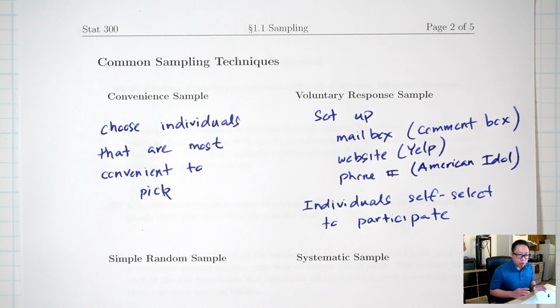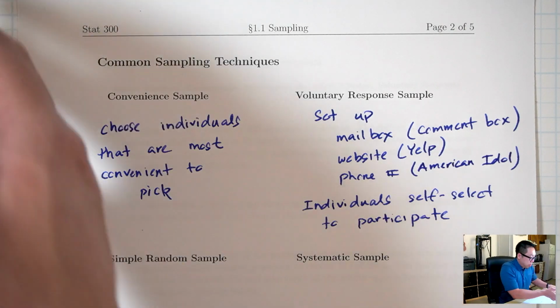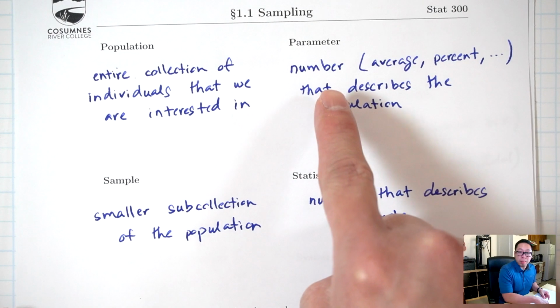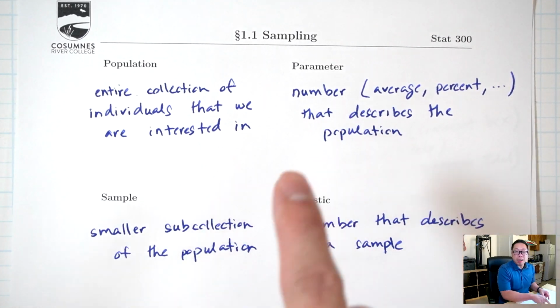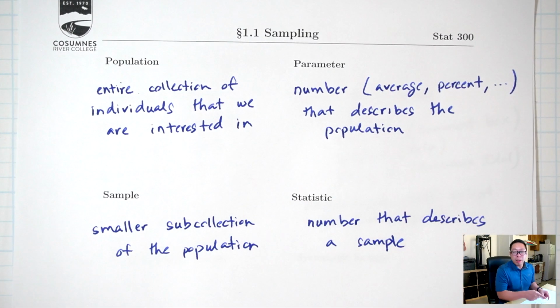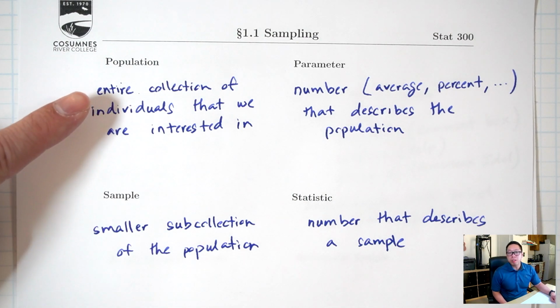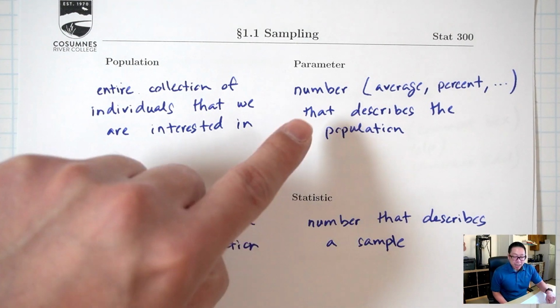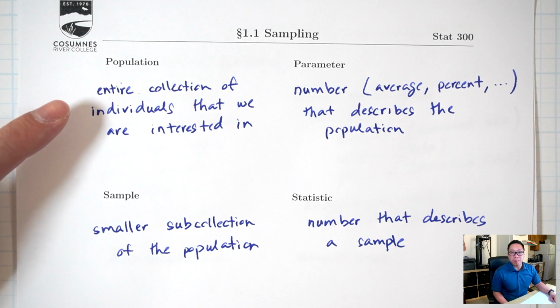These two methods are generally not good methods to use. And why is that? Well, remember, the overall goal is, the number I really want is the parameter. So this is the number that you get if you were able to ask everybody in the population. You can't have that because you can't ask everybody in the population.